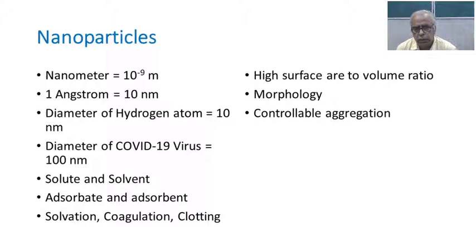Nanoparticles: when we consider this, we need to know about the nanometer. We know 1 meter, so nano means 10 power minus 9 meter. The diameter of hydrogen is around 1 Angstrom, so I can stack 10 of them, which means we can interpret it as 1 nanometer.